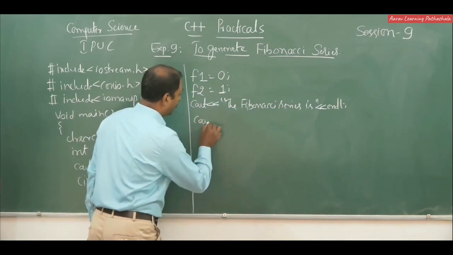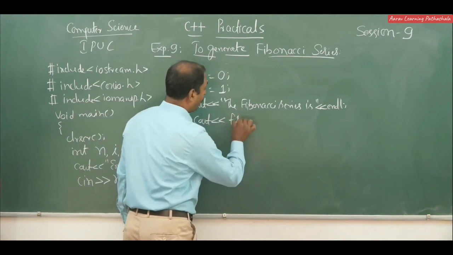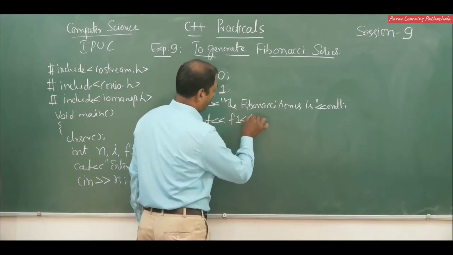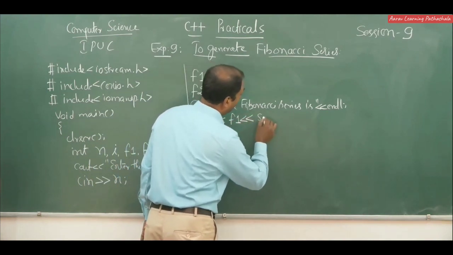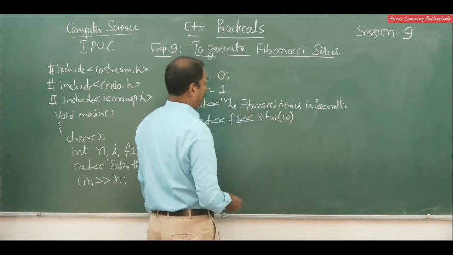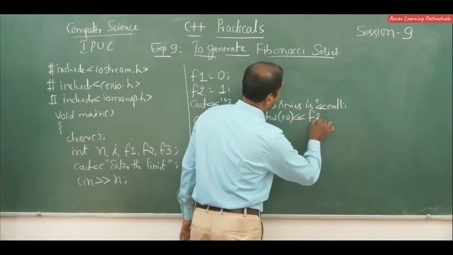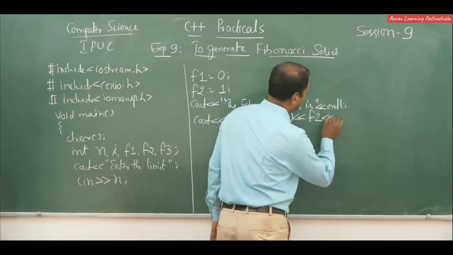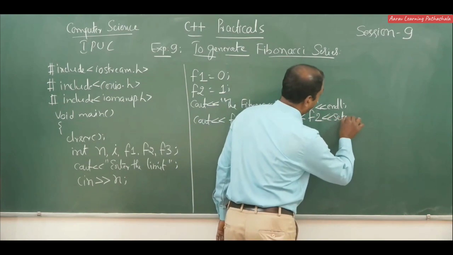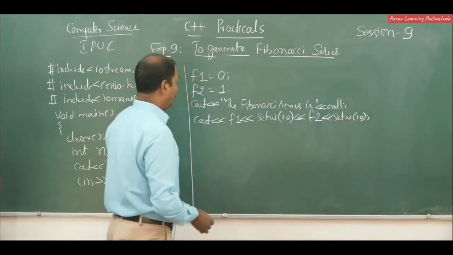Next we have to print the terms. cout f1, then I am using a manipulator, setw. Then next f2 is the term and here again setw of size 10, semicolon.